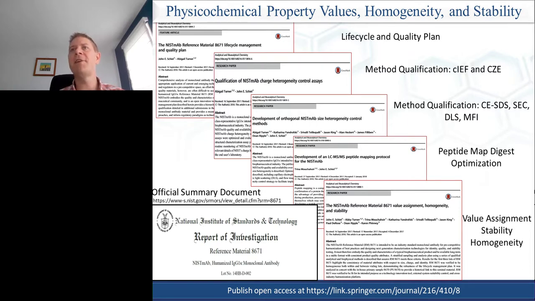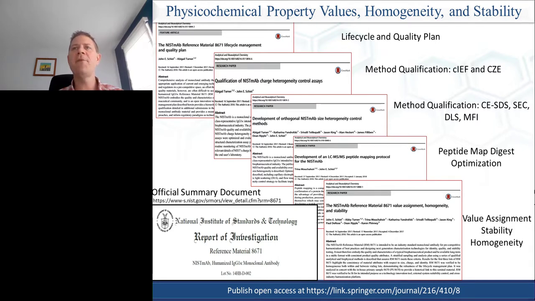This is capillary electrophoresis, again using sodium dodecyl sulfate, size exclusion chromatography, dynamic light scattering, and microflow imaging. Then we have a paper on identity using peptide map to confirm the identity of the NISTmAb. And finally, we have the paper on value assignment, stability, and homogeneity, where we've assigned values to the lots available to the public.